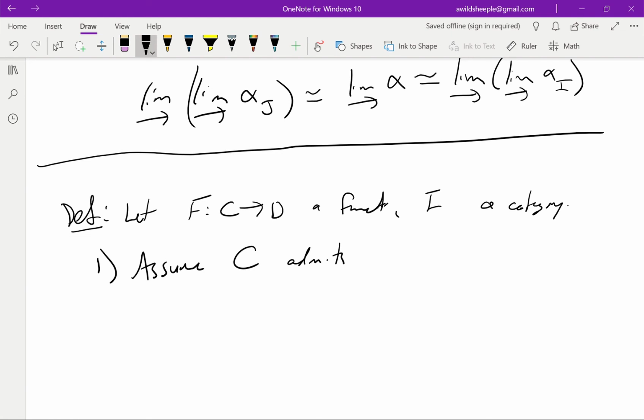I want C to admit inductive limits. I almost started talking about the adjoints, but we're not there yet. C admits inductive limits indexed by I. And in this case, we say F commutes with such limits.